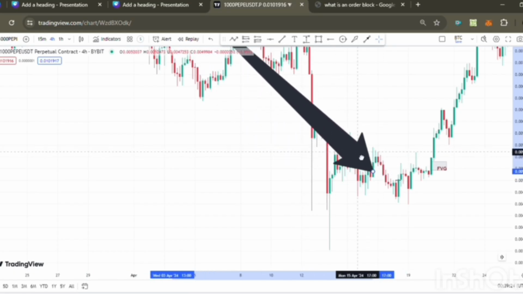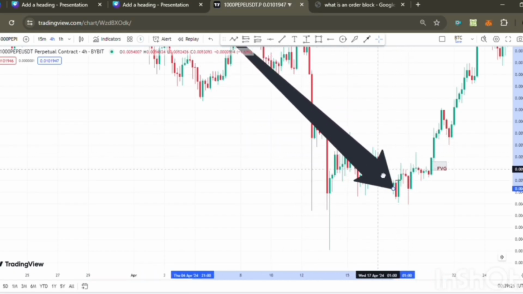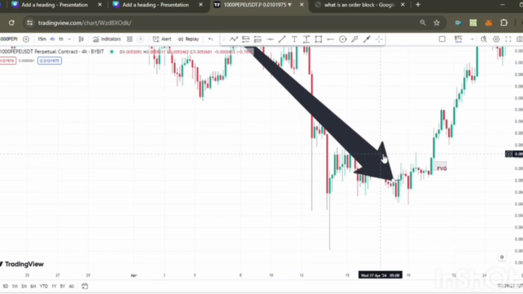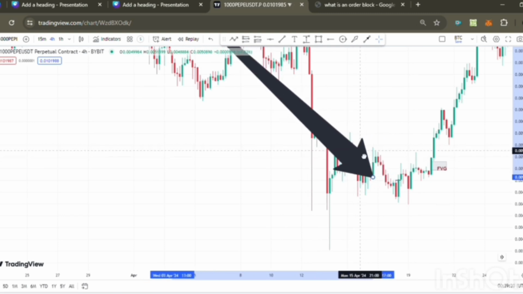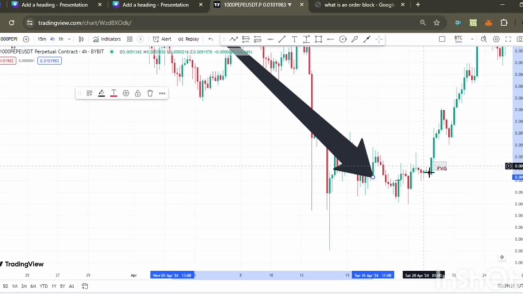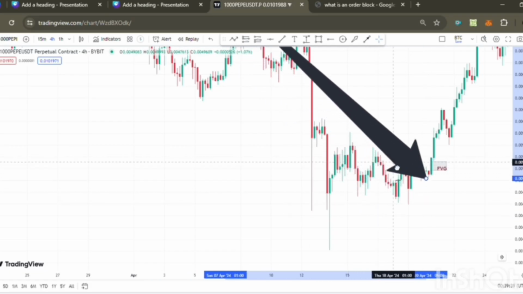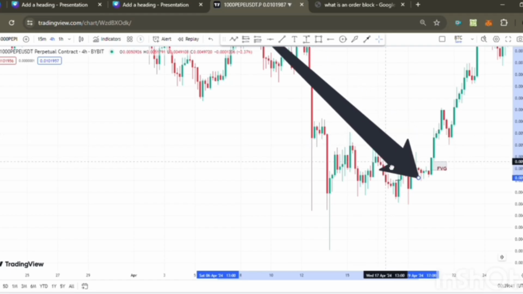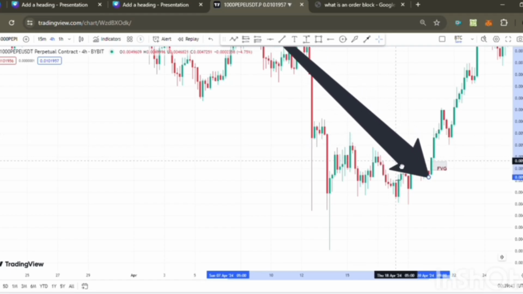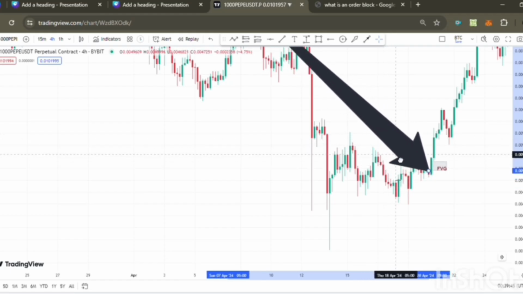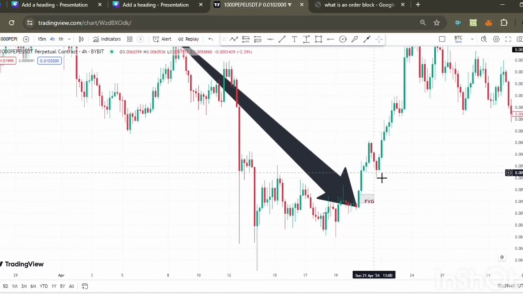Do you understand? So this is one of the rules that indicates that from here we will experience a bullish order block, and this is what we experience here.